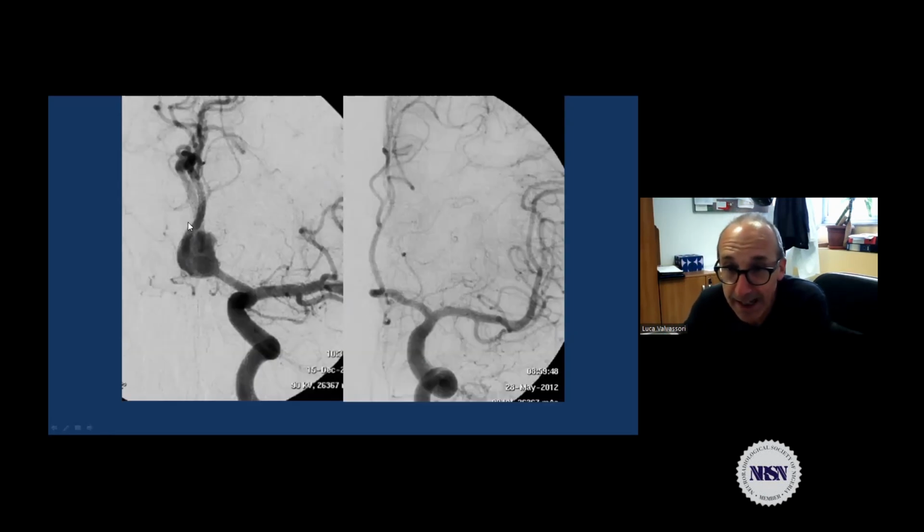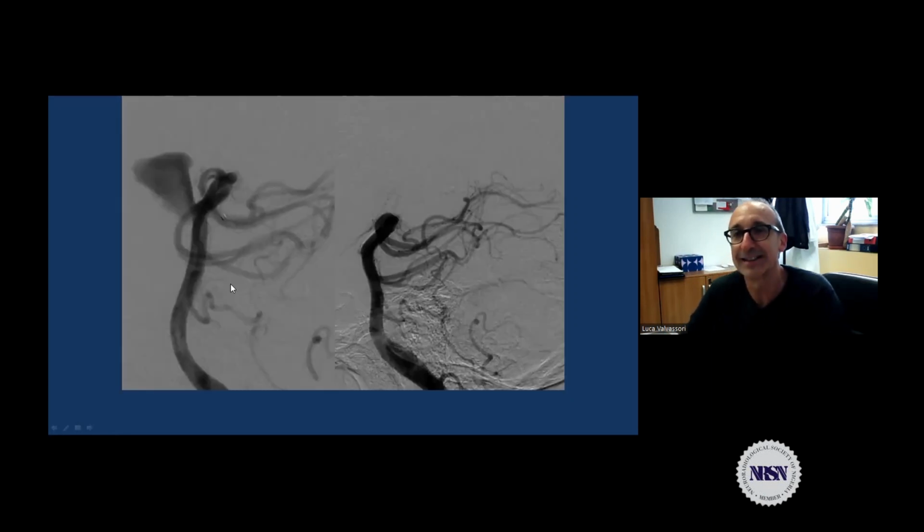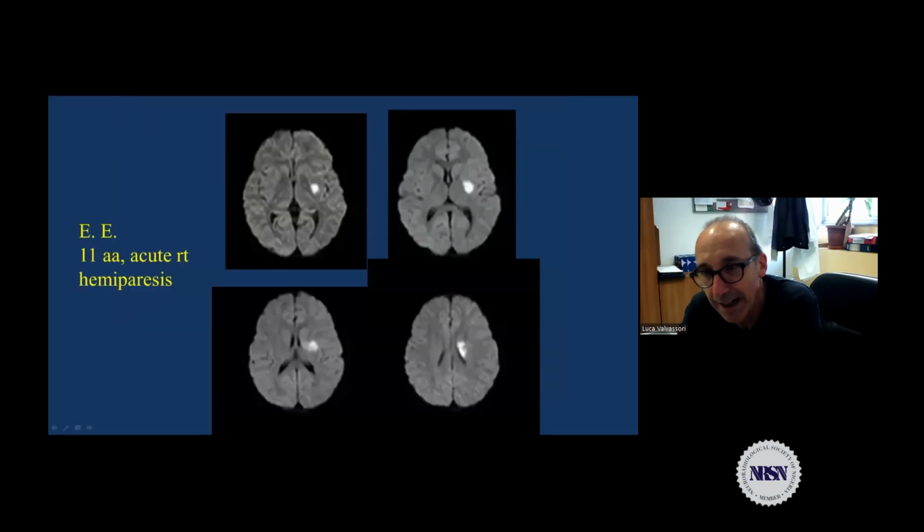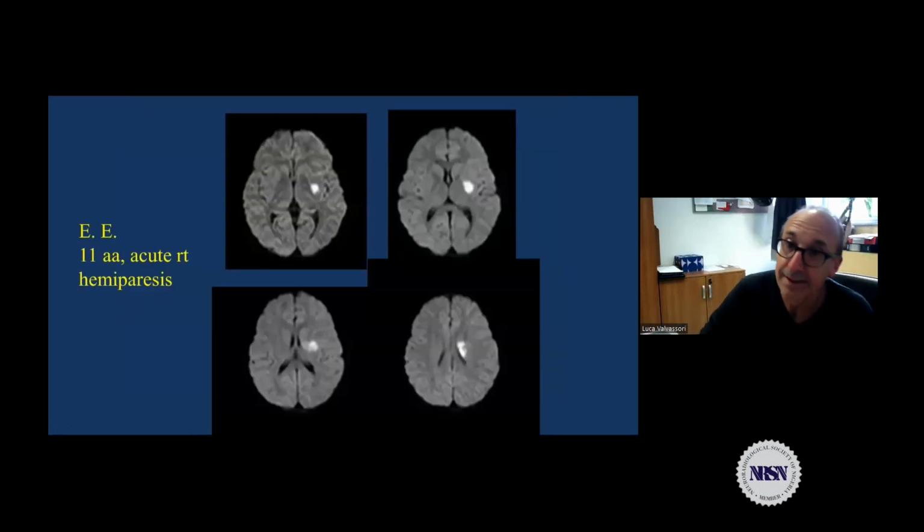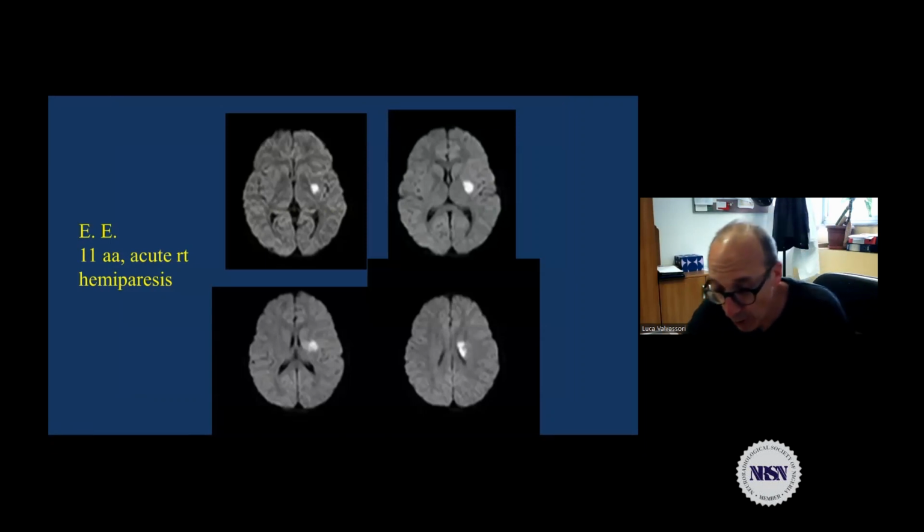Same here, ACOM aneurysm, follow up, you don't even see the flow diverter. Same for this basilar tip aneurysm. One case above all, this is just to show you how powerful these stents are.